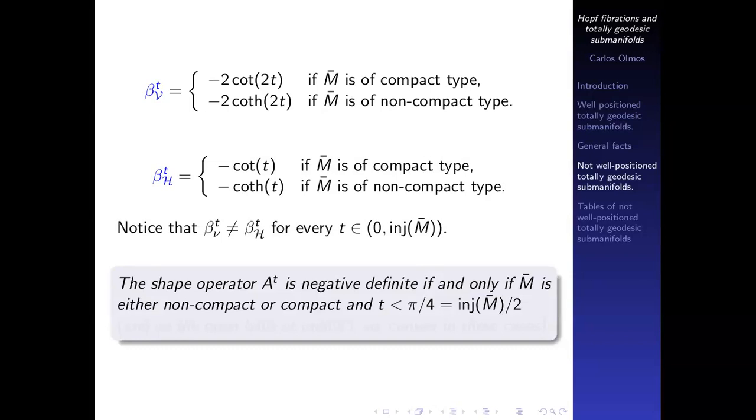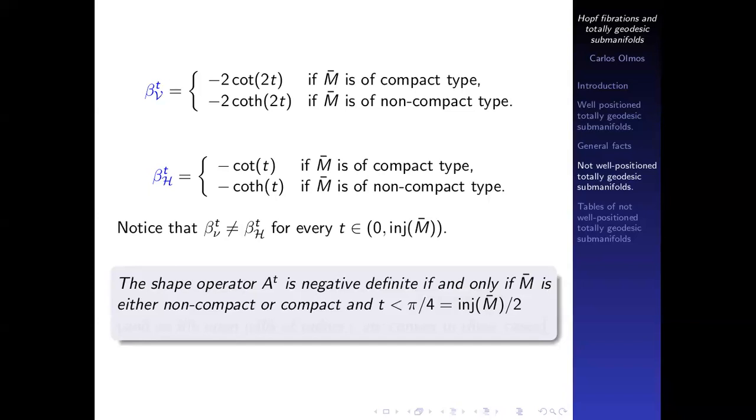And the shape operator is negative definite if and only if M bar is non-compact. In the non-compact case, the shape operator is negative definite. It's definite, so it does not matter if it depends on the choice of the normal direction.